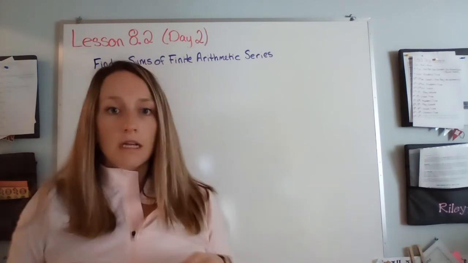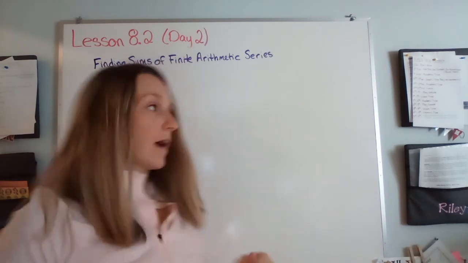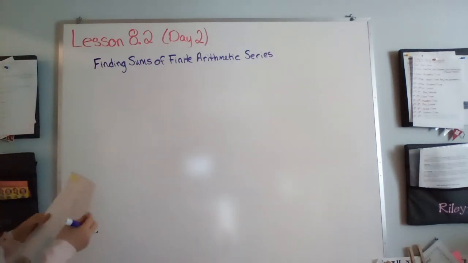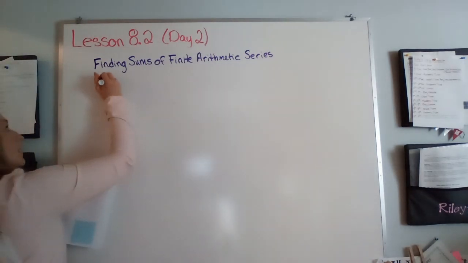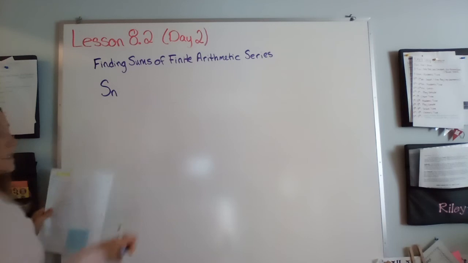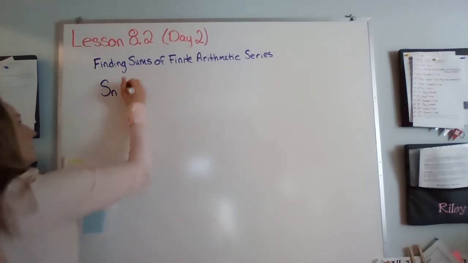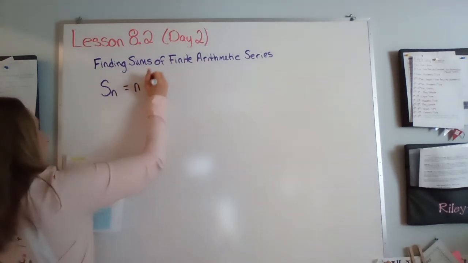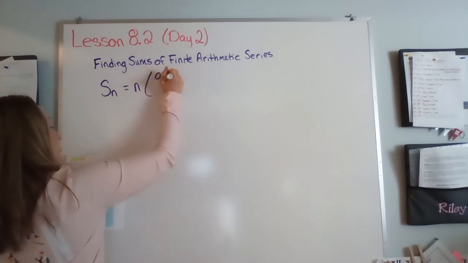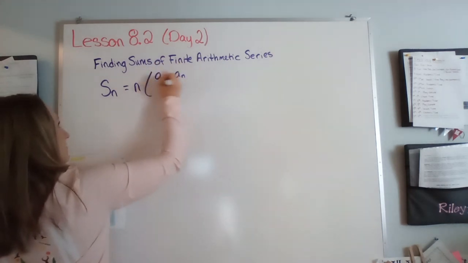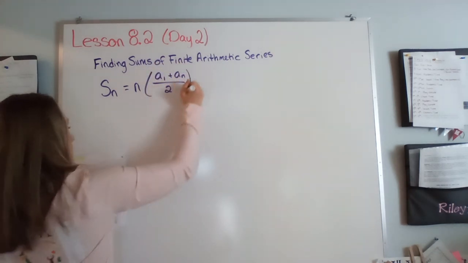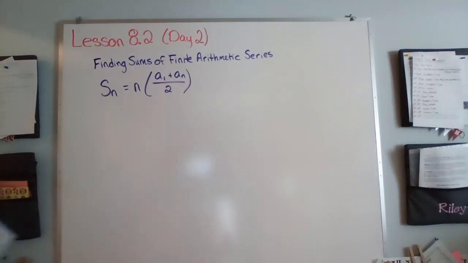And finite means that it doesn't go on forever. There's a limit. So we use the formula S sub n, S meaning sum, S sub n equals n times the quantity a sub 1 plus a sub n divided by 2. We're going to use that in the next example.